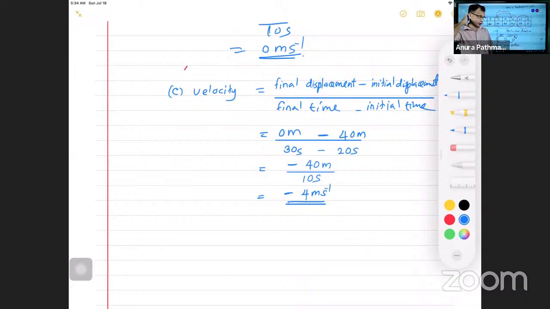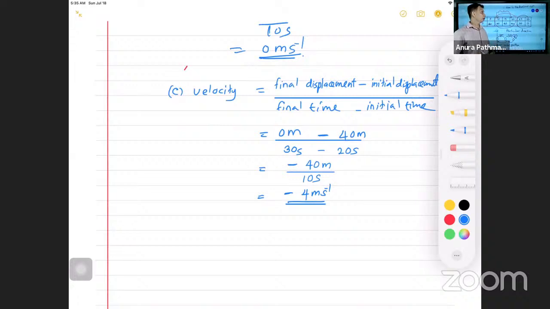The velocity being negative means the motion is in the opposite direction. It has a velocity, but in the opposite direction, as I mentioned earlier.